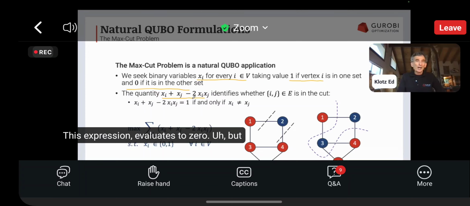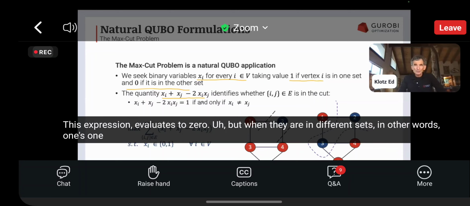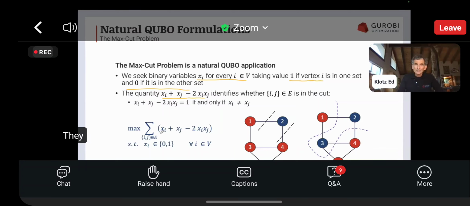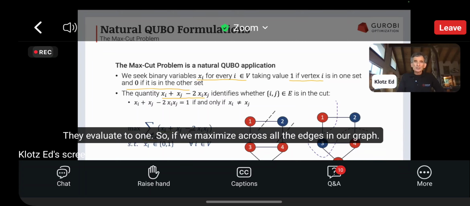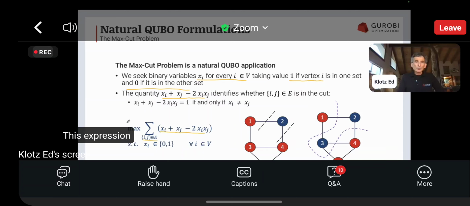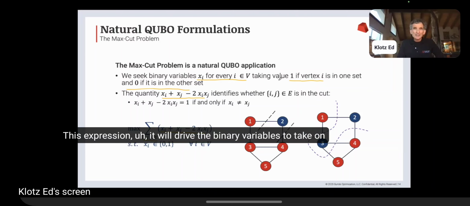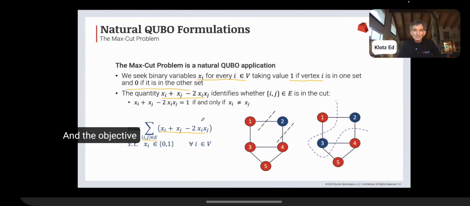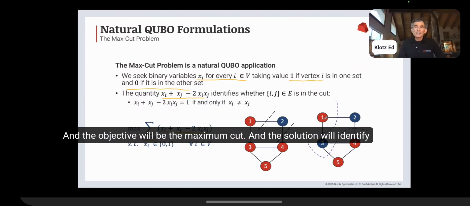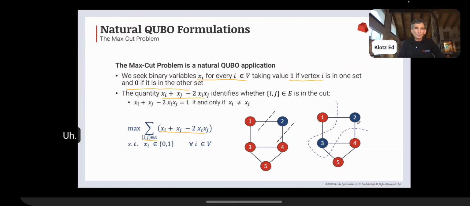But when they are in different sets, in other words, one's 1 and the other's 0, they evaluate to 1. So if we maximize this expression across all the edges in our graph, it will drive the binary variables to take on exactly these values we seek, and the objective will be the maximum cut, and the solution will identify the partition of the vertices.